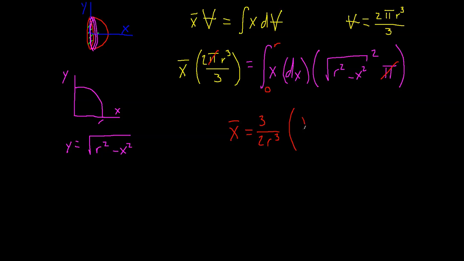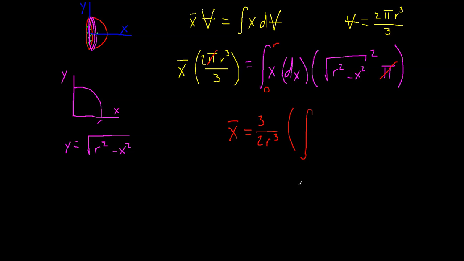We have the integral from 0 to r of x times (r squared minus x squared) dx. There we go. This probably feels a lot better for some of you.